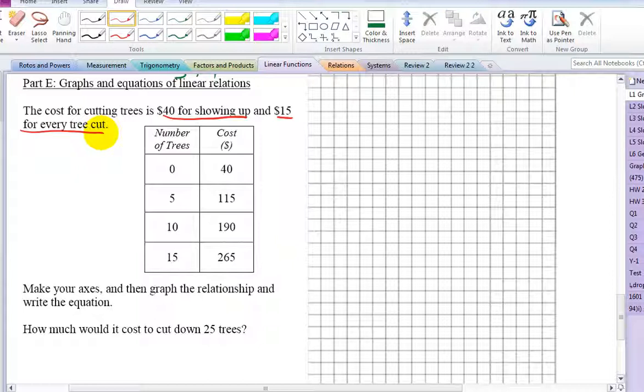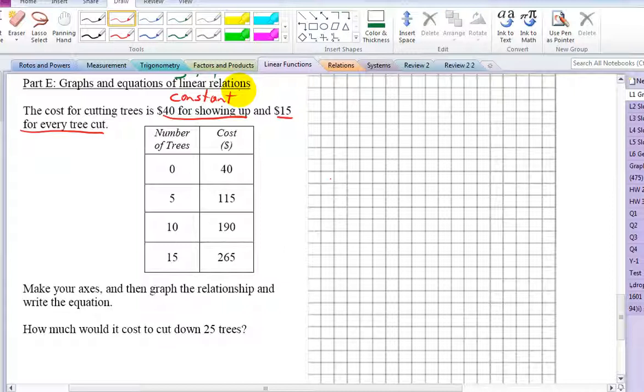What if he cuts 5 trees? How much does he get paid for showing up? What if he cuts 200 trees? So $40 never changes. Instead, it stays constant.